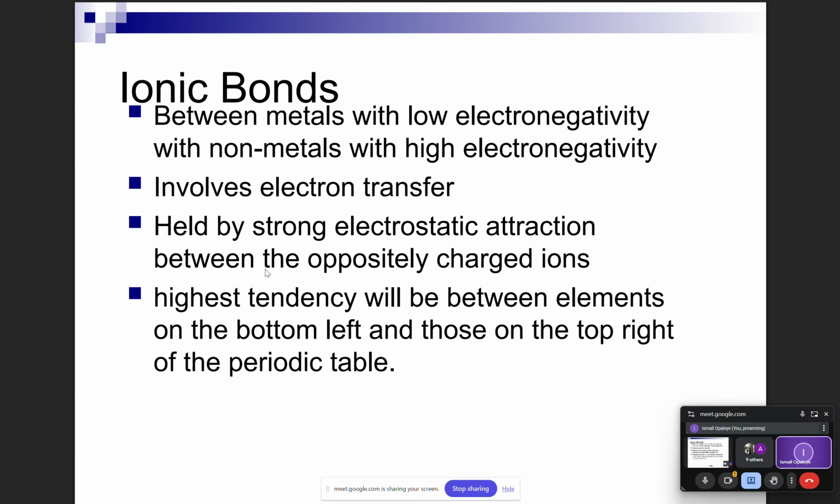When you look at the periodic table, the elements on the bottom left have a greater tendency of combining with those on the top right, and that's due to the properties we mentioned in the periodic table that vary across the period and down the group.